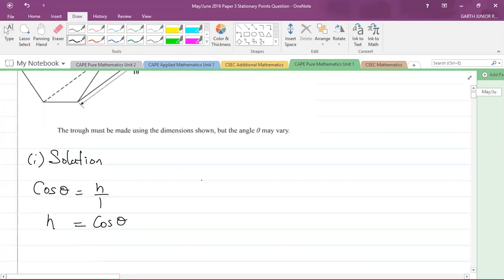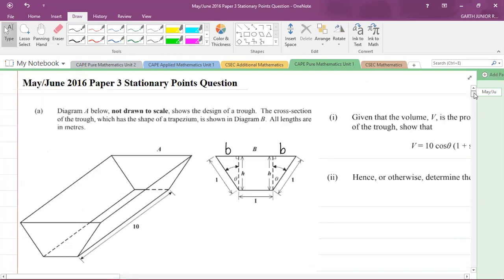So I can also say that sine theta is equal to b divided by 1, and I can therefore say that b is equal to sine theta. Okay, good. So we know what h is and we know what b is.